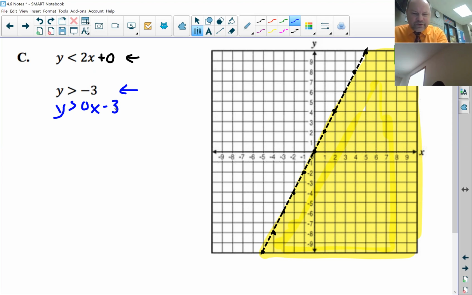If y is our variable, we're going to have a horizontal line, and in this case, that horizontal line is at the y value of -3. If it was x is greater than or x is less than, then we'd have a vertical line at whatever that x value is on the x-axis.